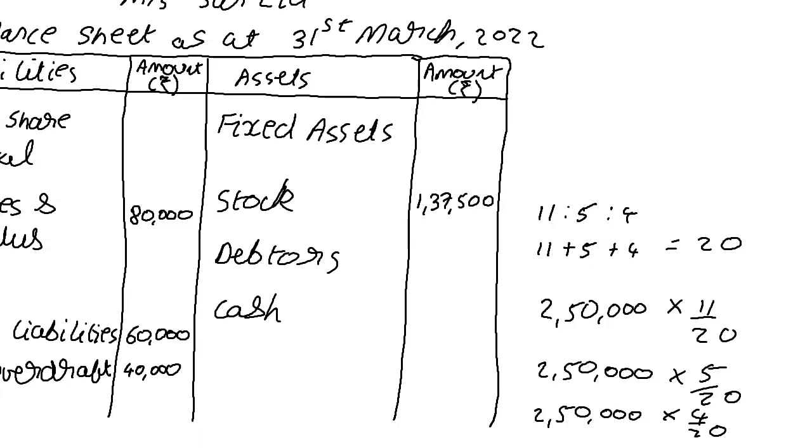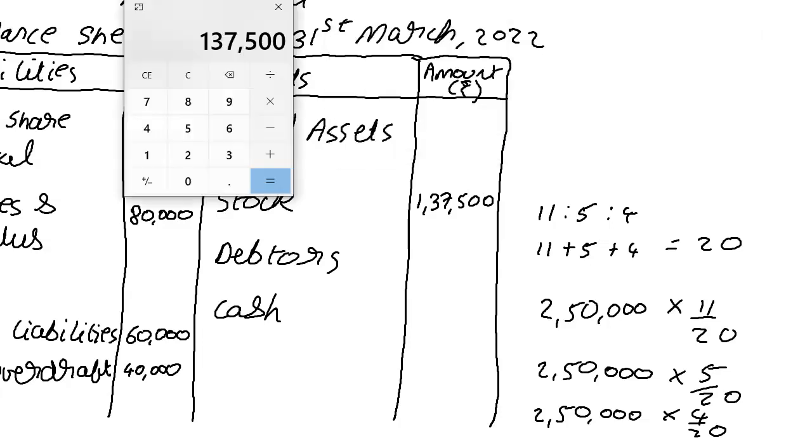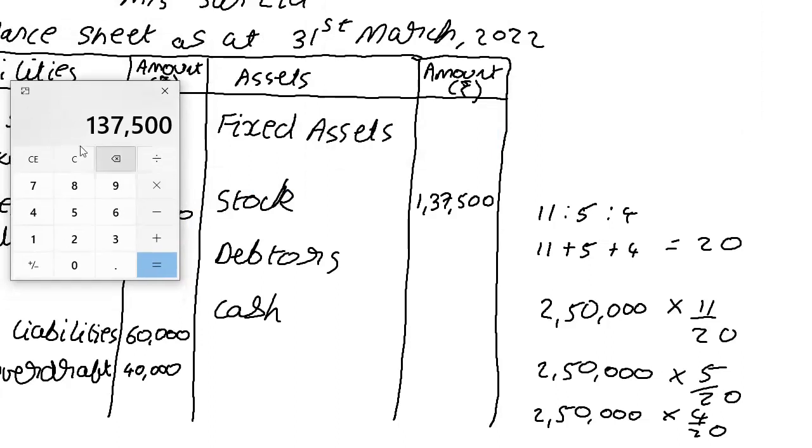Next we have 2,50,000 into 5 by 20, and that gives me 62,500, so I'm going to write 62,500 over here. And again, 2,50,000 into 4 by 20 gives me 50,000.